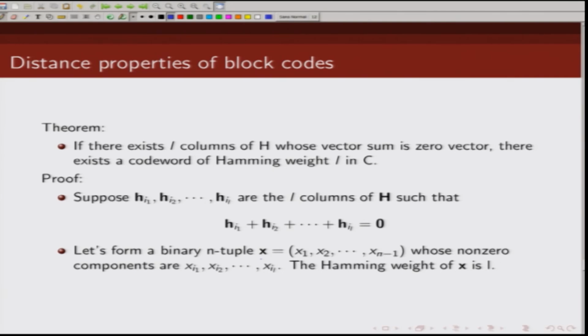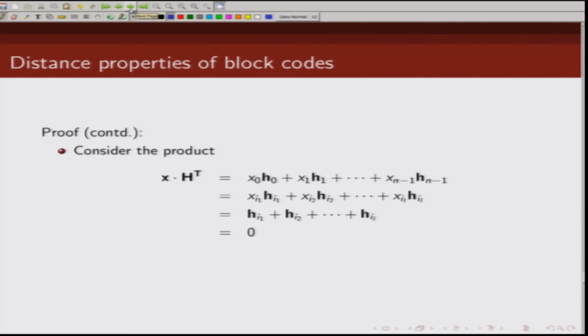So, how do we show x is a code word? Well, if x is a code word, x H transpose will be 0. So, let us evaluate x H transpose.